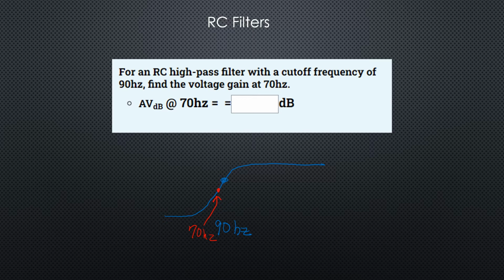Okay, so we know that this is F1. There's F1, or frequency critical one, FC low.